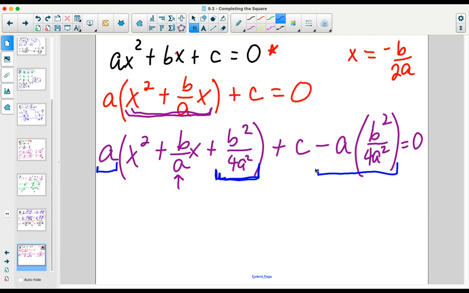It's just a matter of rewriting it. Is it more complicated than what it was when we started? Absolutely. Does it have a bunch of extra terms that we didn't previously have before? Absolutely. But adding in that term here and then taking it away makes no functional difference to the equation. It's still going to have the same solutions because the thing you added in is then being taken away.